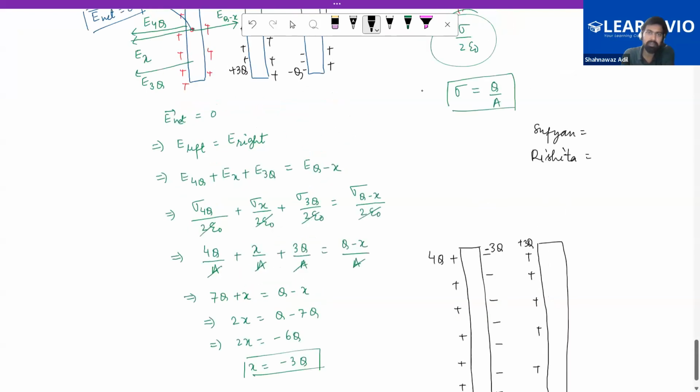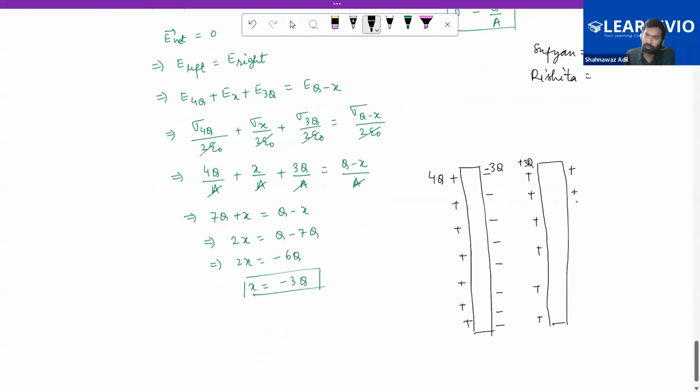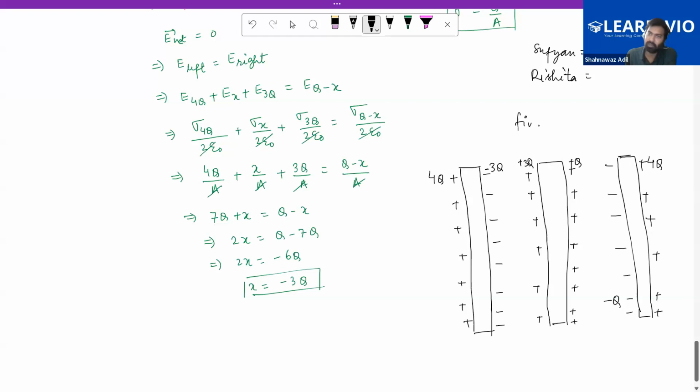And this side is what? Plus of Q. And then the other plate. So this side will have minus Q. And this side will have plus 4Q. Right, so that is the final distribution.